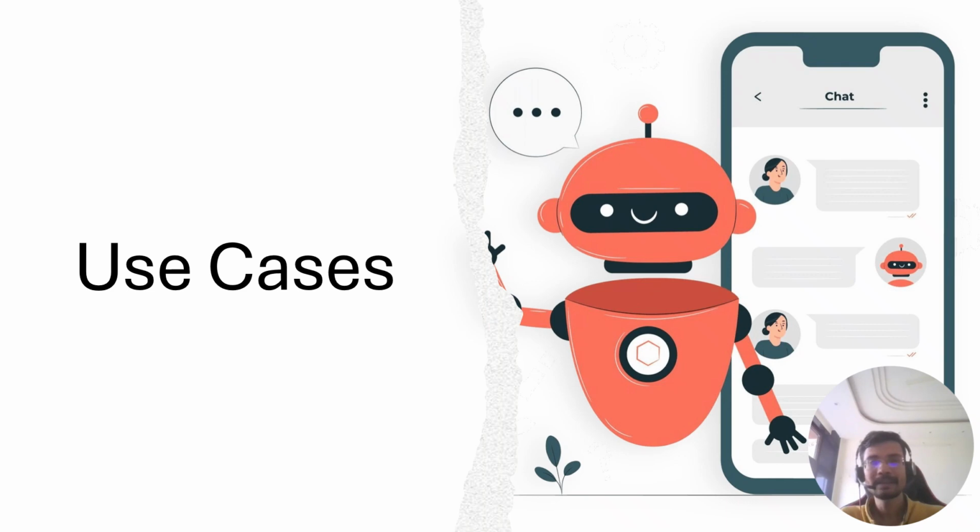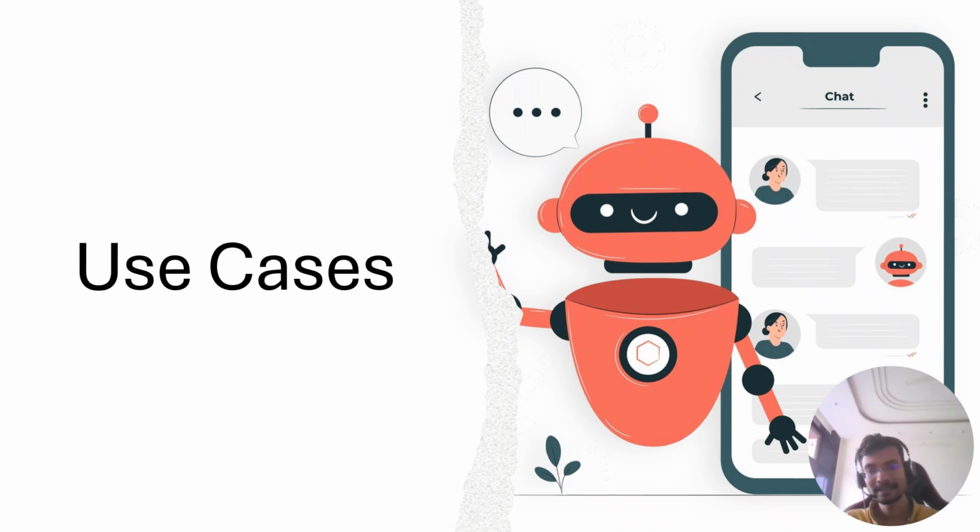Use case wise, it supports quite a lot of use cases. Number one would be domain specific chatbots. You might have seen a lot of companies that have a corpus of PDFs and internal forums, and they want their LLMs to talk in that language, be aware of that content, and give more preference to it.